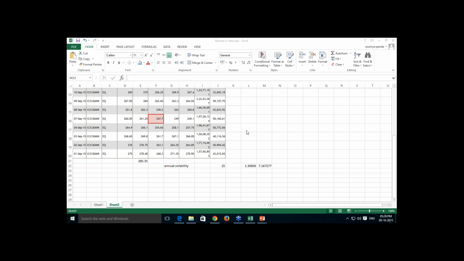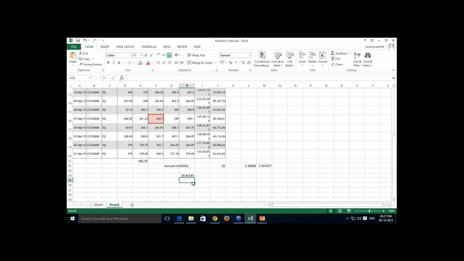After achieving this 7% monthly volatility, we need to take the price range. So what is the price range? This one multiplied with this one and divided by 100.